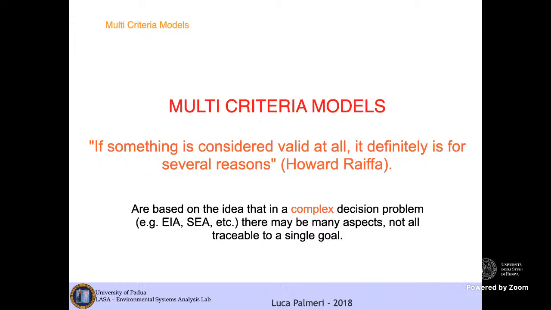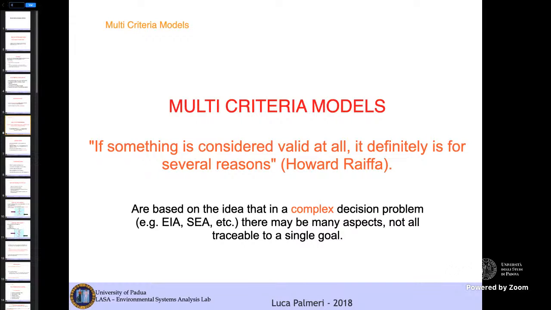So the idea is to find a set of reasons or criteria that should help us in justifying our choice. Multi-criteria models are based on the idea that in a complex decision problem, as is the case in environmental impact assessment or strategic environmental assessment, there may be many aspects not all traceable to a single goal.